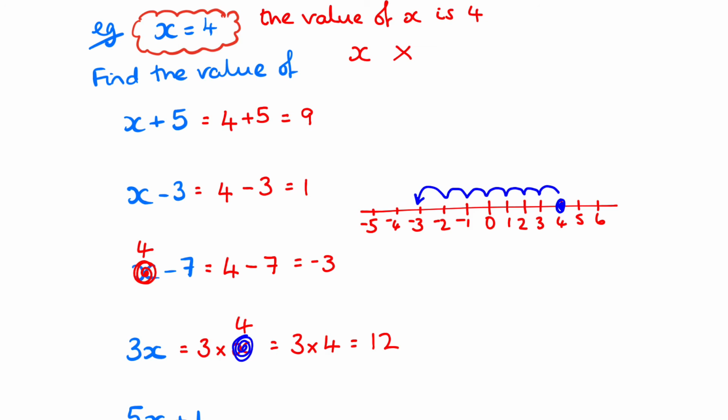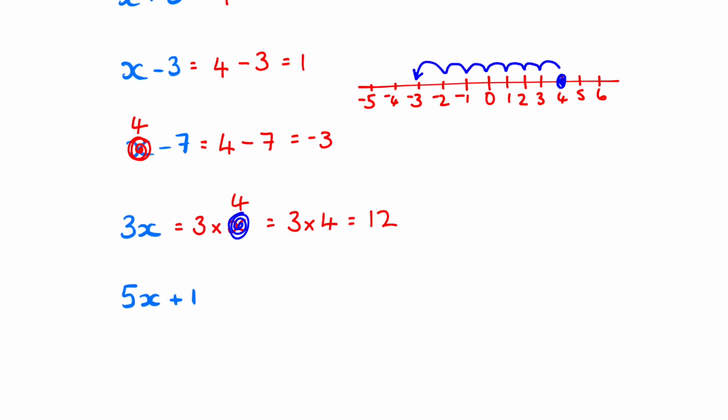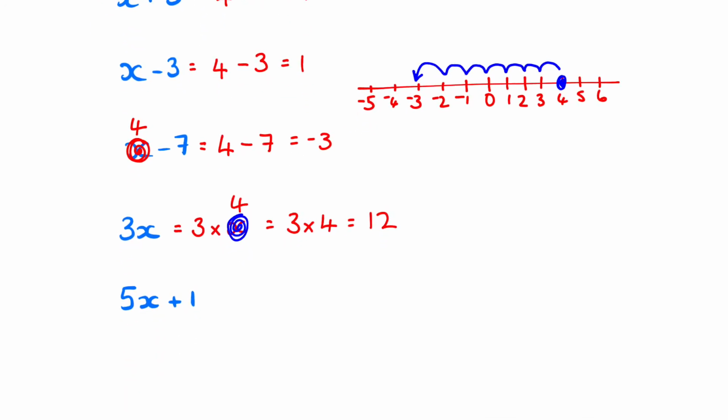Okay, moving on. Last bit here we're going to look at for substitution is 5x plus 1. So we've got an expression of 5x plus 1. So we're going to be swapping out the x for a 4. But first of all, let's check that we know that this means 5 times x plus 1. So 5x means 5 times x. So we're going to swap out the x for a 4.